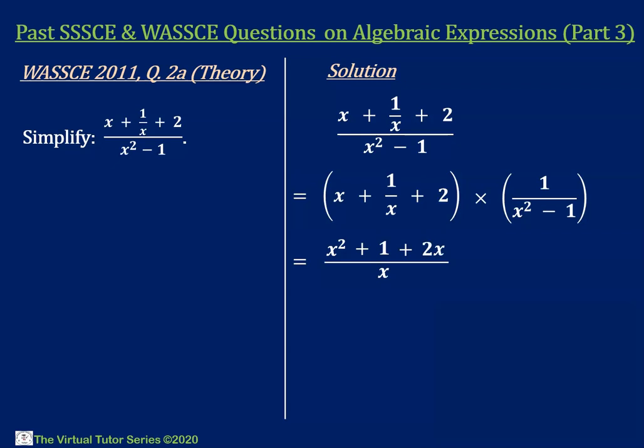Note that x is the same as x over 1, and 2 is the same as 2 over 1. The denominator of the second part is a difference of 2 squares, and can be factorized as x minus 1 times x plus 1.